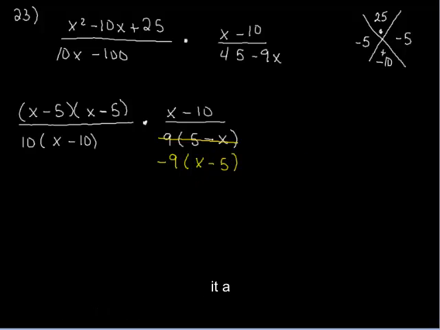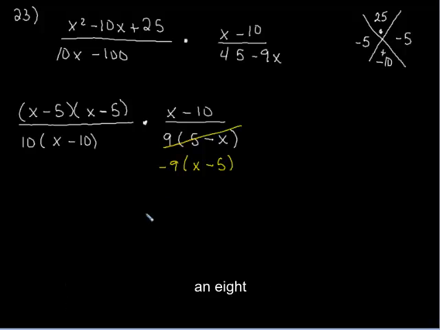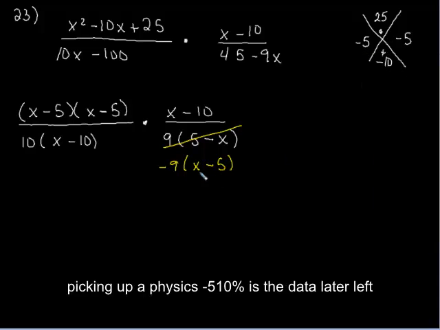Okay. Actually, I'm going to change that yellow line so you can see what I changed it from. Okay. Now that I've got that changed, this x minus 5, let me think, hot pink. This x minus 5, and which x minus 5 do you want to get rid of, the right or the left?